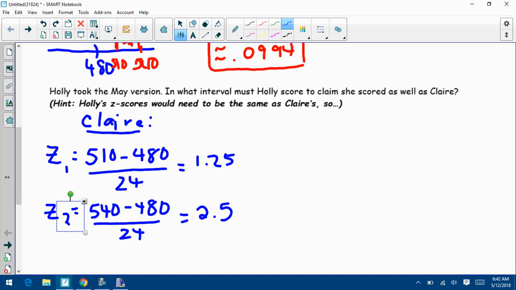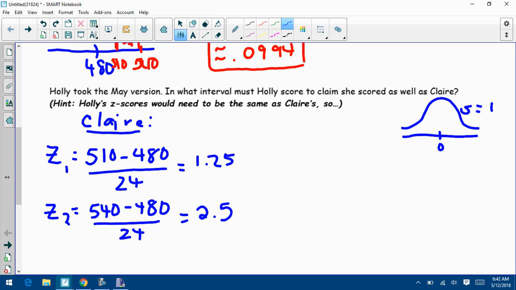We need Holly's z-scores to be the same. So remember what z-scores actually do is they're relating it to the parent normal curve with a mean of 0 and a standard deviation of 1. So z-scores let us compare two different data sets and kind of put them on a level playing field.